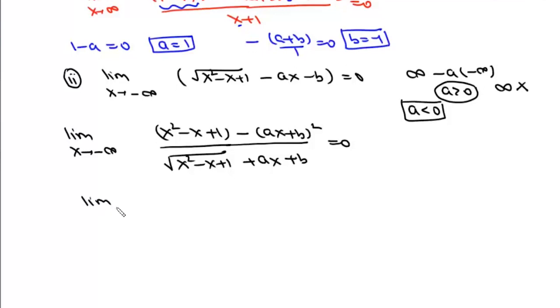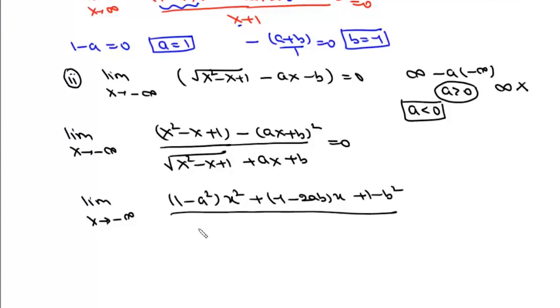Now we write this as limit x tends to minus infinite, and here will be (1 minus a square) x square plus (minus 1 minus 2ab) x plus (1 minus b square) upon under root of x square minus x plus 1 plus ax plus b, and it must be equal to 0.